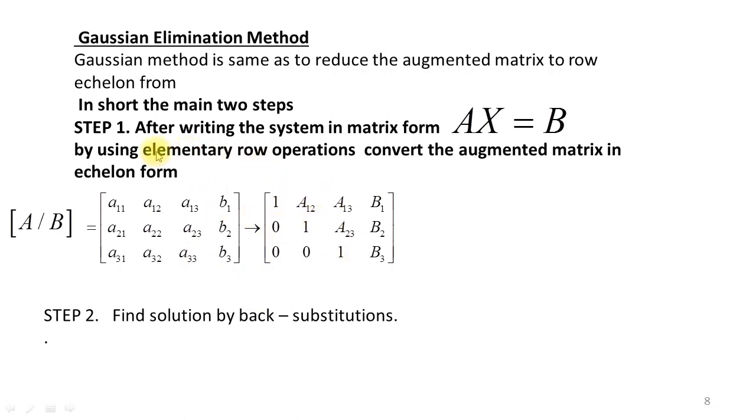So at the first stage, write the system in equation form, take the augmented matrix, and then convert it to row echelon form. And at the second step, use back substitution to find the solution from this echelon form.